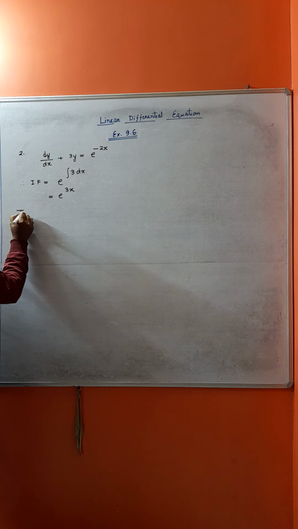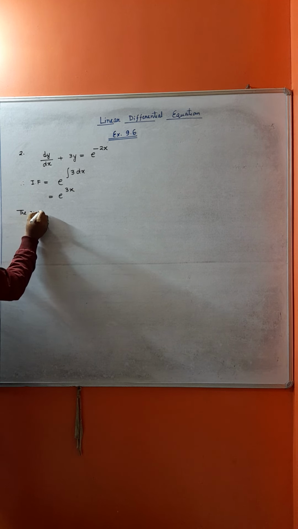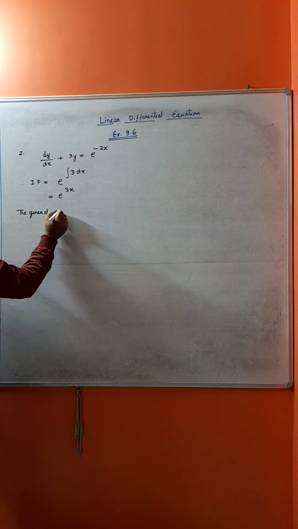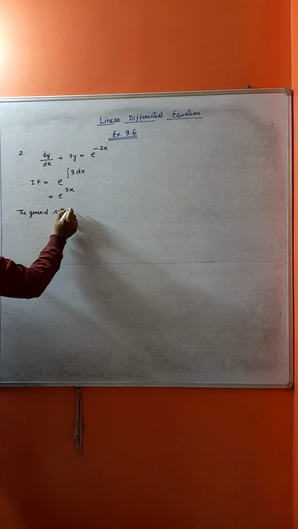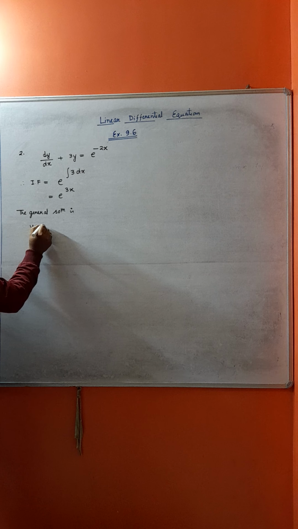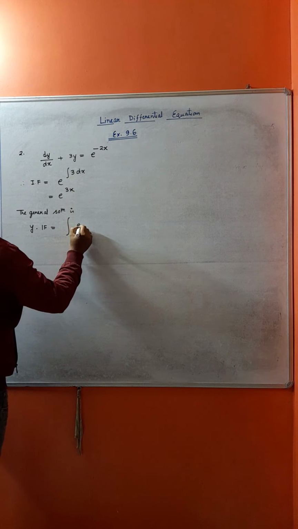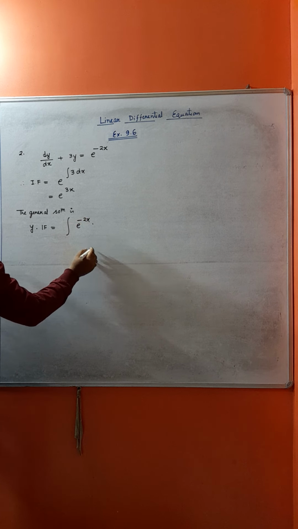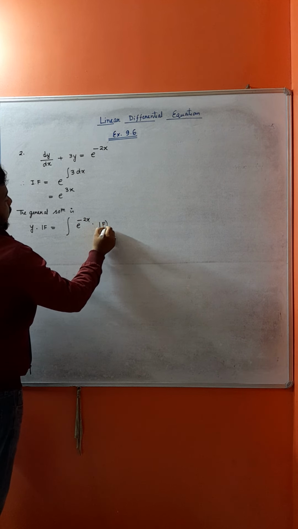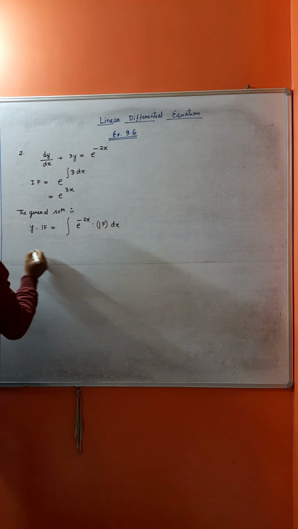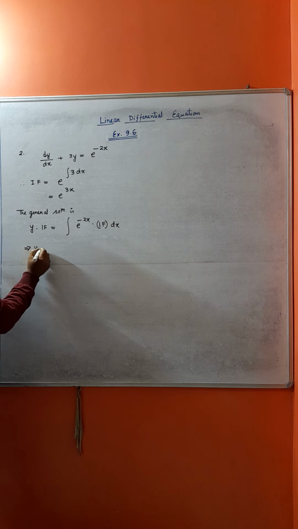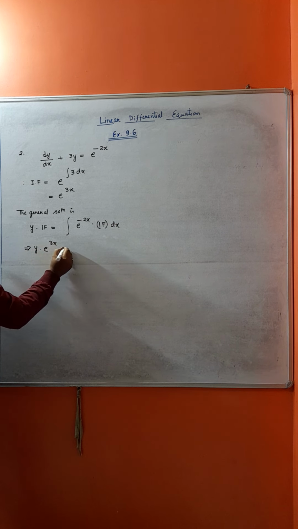So we get the general solution: y into IF is equal to the integral of q into IF dx. So the value of IF is e to the power 3x.